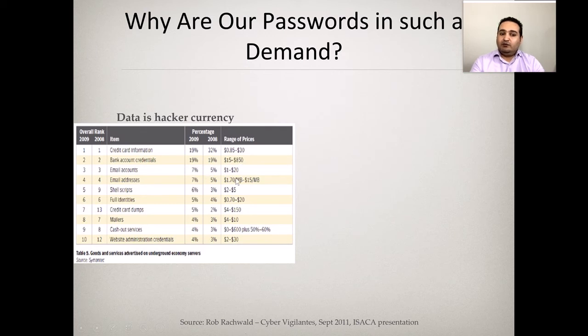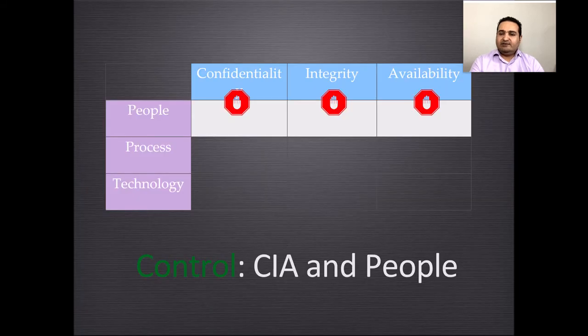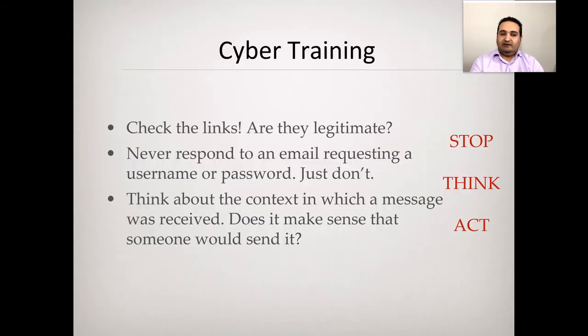An email account can go from $1 to $20 in the black market. So this data that we might sometimes take for granted and give away to some organizations, some people are out there to make money out of our data. So this is just to let you know. There are also websites that are for sale if they have access to them.